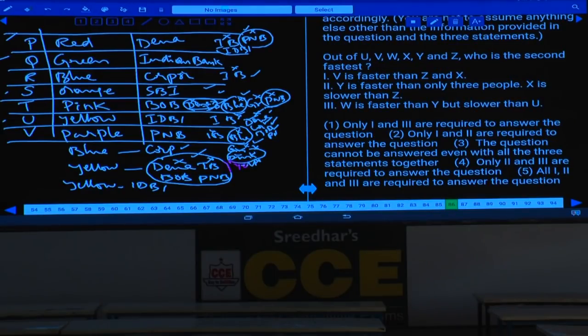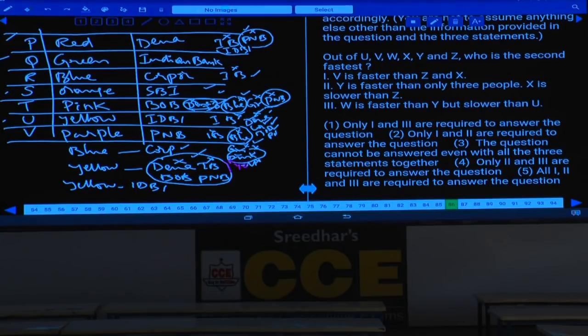Then let us discuss question numbers 86 onwards, 86 to 90. And these are based on what? Data sufficiency.